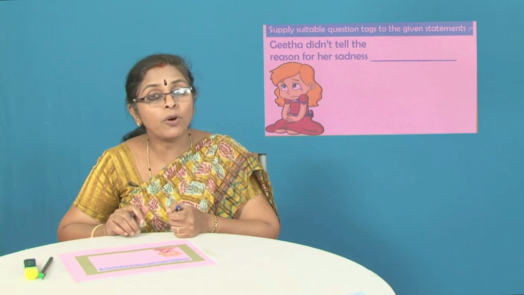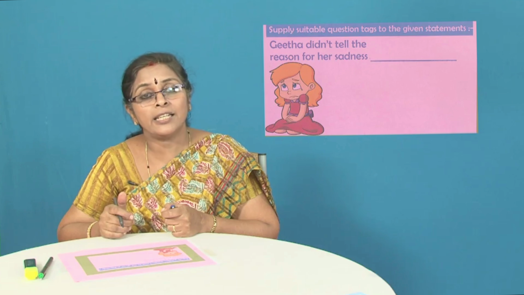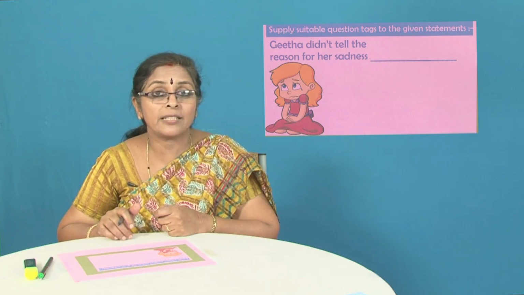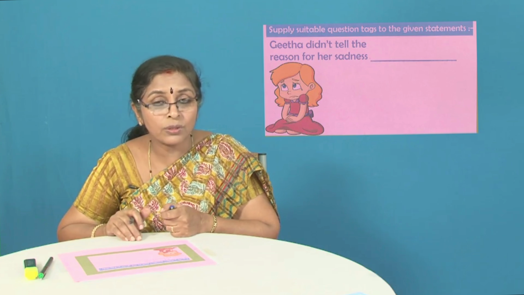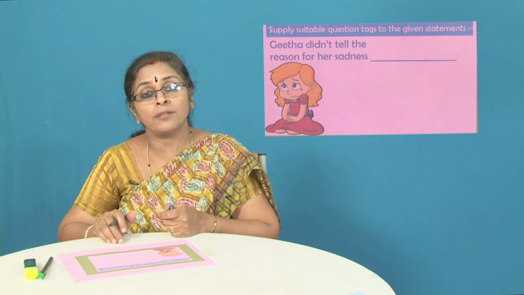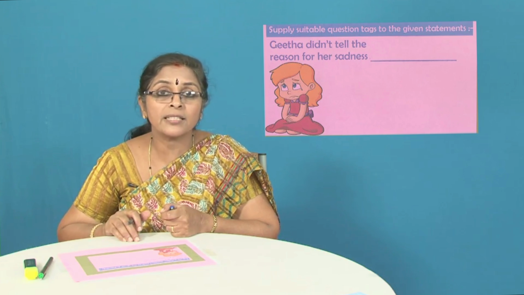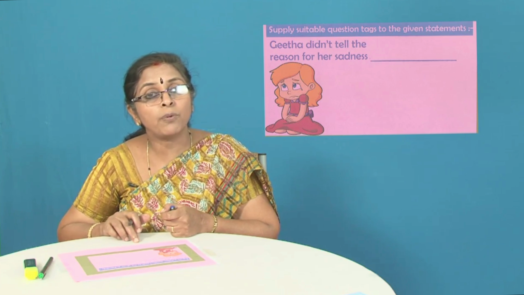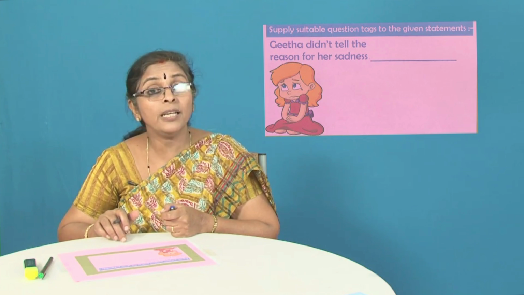So if one is positive, the other has to be negative. Both cannot be positive, both cannot be negative. That is, the statement cannot be positive and the question tag also positive, or the statement negative and the question tag also negative. If one is positive, the other has to be negative.